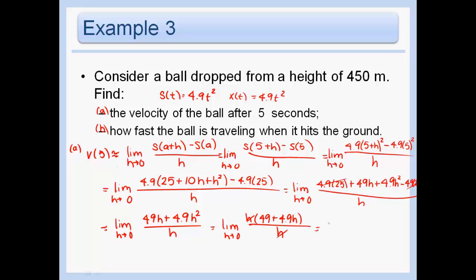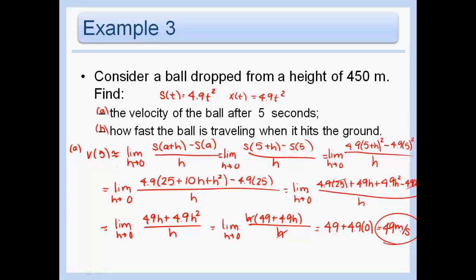And now we don't have a 0 in the denominator. Use direct substitution, which is just 49. And our units here are meters per second. So that's it.